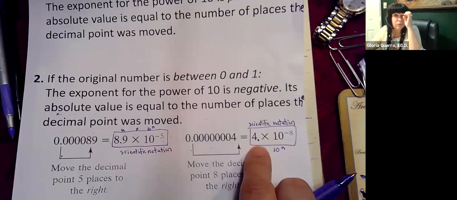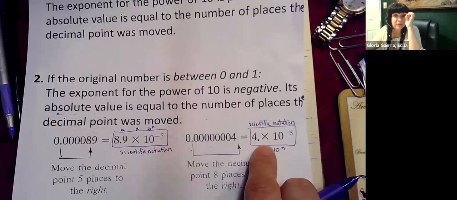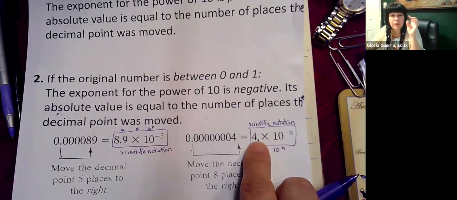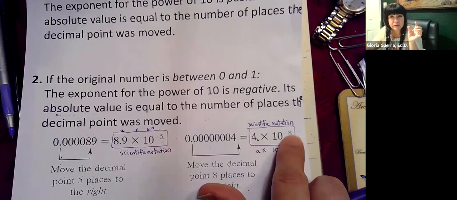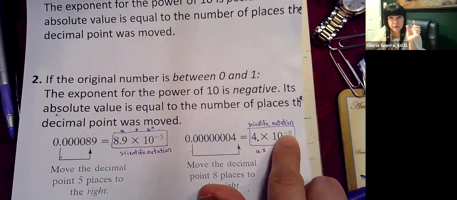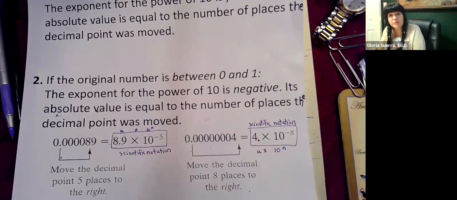Okay, this result, 4 times 10 to the -8. So A is a number between 1 and 10. And then this exponent is an integer. n is allowed to be an integer, and -8 is an integer. Okay, so it meets the format A times 10 to the n.